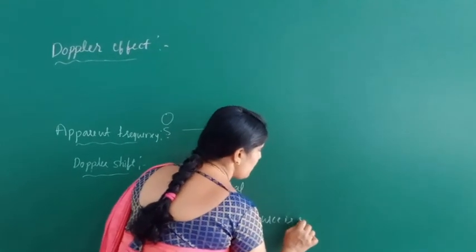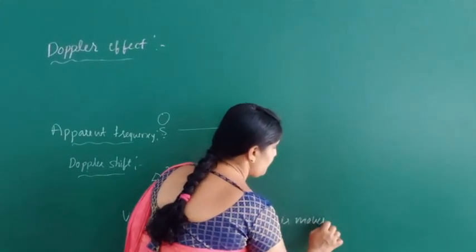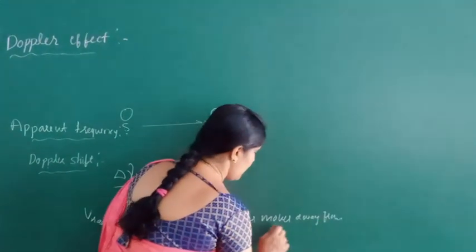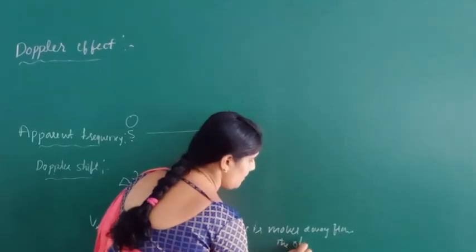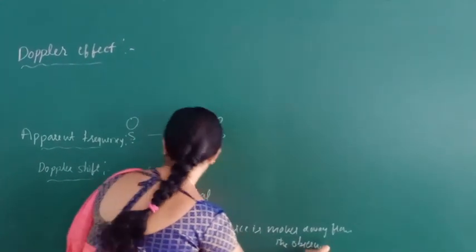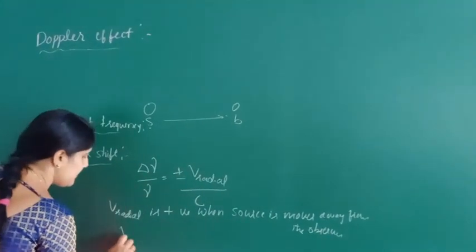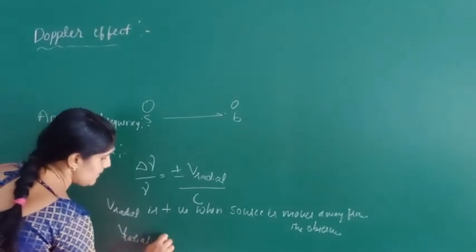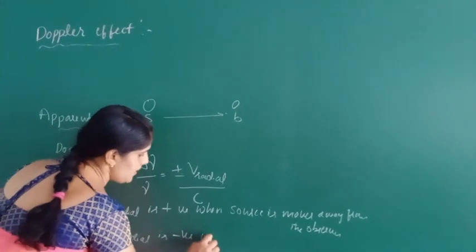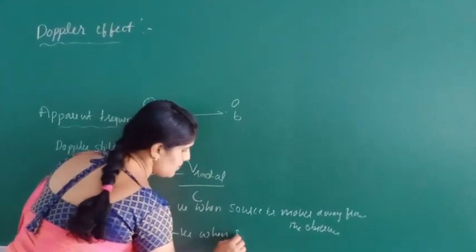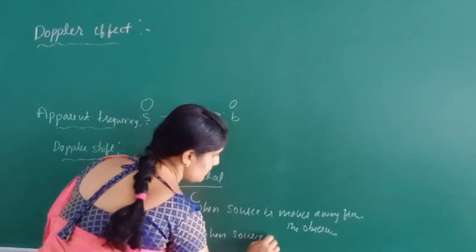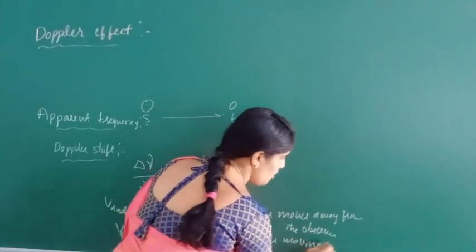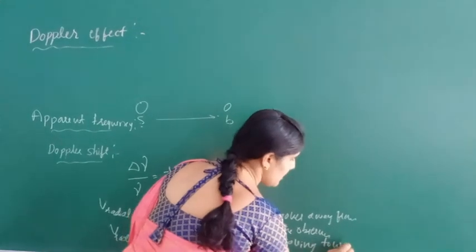And v radial is negative when the source is moving towards the observer.